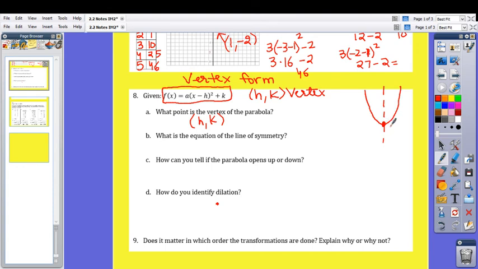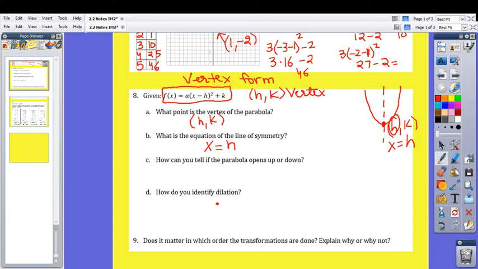So they share the x coordinate. So the equation for the axis of symmetry will also be x equals h. So that is what we are writing again.